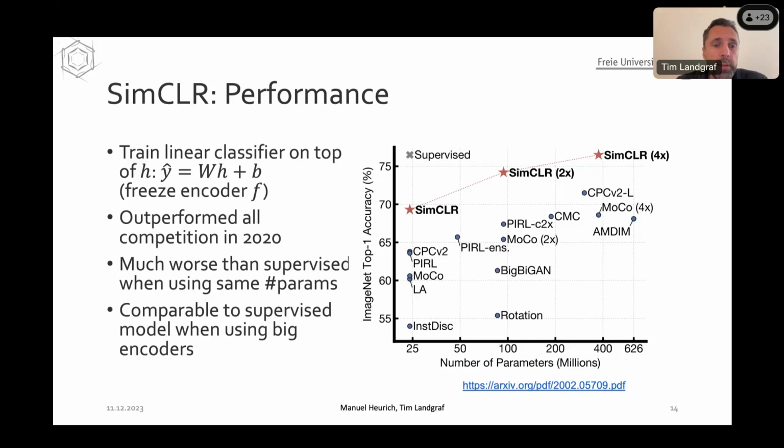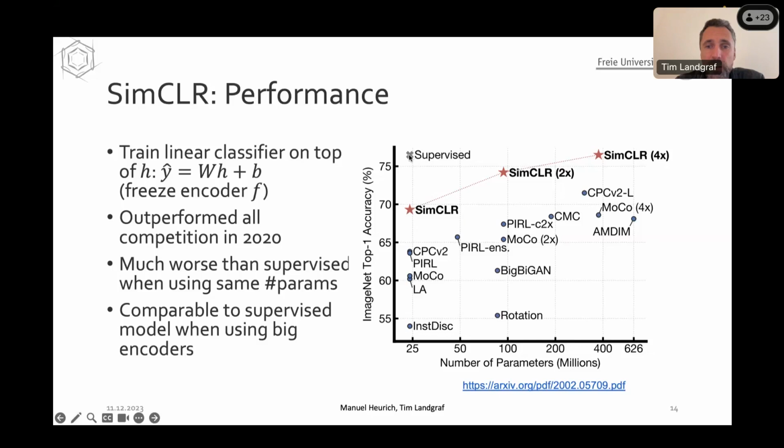And the cool thing is that SimCLR outperformed the entire batch of competition here by quite a margin back in the day. But it appears that we need a lot more parameters compared to the supervised baseline here.